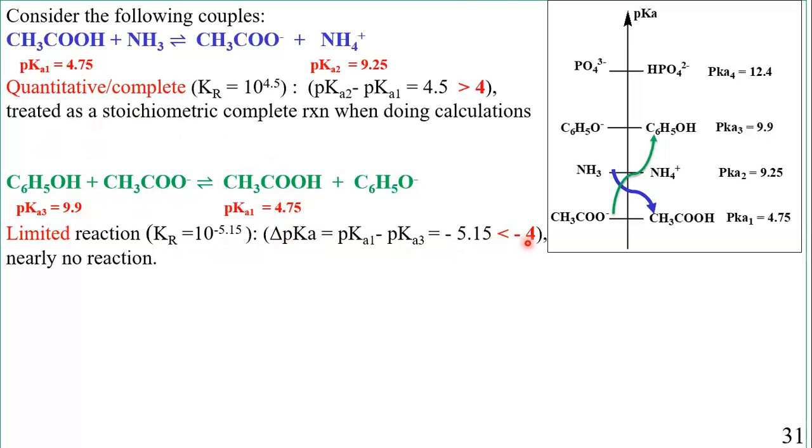Not only does the reaction not proceed, the reaction is actually limited. There's nearly no reaction in the forward direction, because look at the KR. It's 10 to the minus 5.15, which is less than 10 to the minus 4.